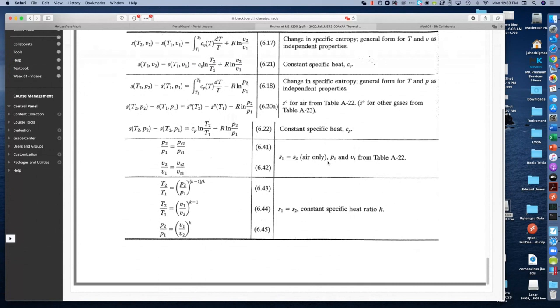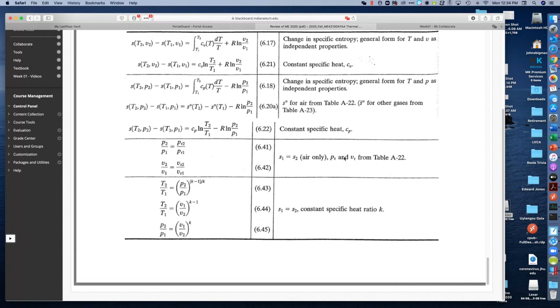And they can only be used if you assume that the substance at hand, which in this case was air, is undergoing an isentropic process. If it's undergoing an isentropic process, and if you know the pressure ratio, then this ratio is the same, and if you know what happens to the temperature, you can then determine the final state. And so that's kind of a special effect using this table.